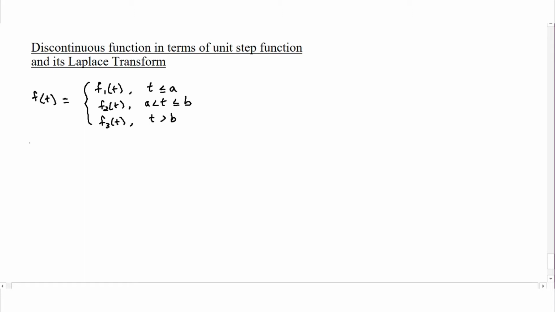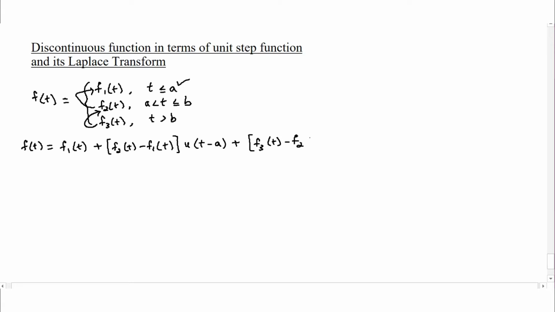If this is a discontinuous function, you can rewrite f of t as the first function f1 of t plus the difference of the second function minus the first function, that is f2 of t minus f1 of t, times u of t minus a, plus the difference of the third function minus the second function, that is f3 of t minus f2 of t, times u of t minus b. So that's the function you have.